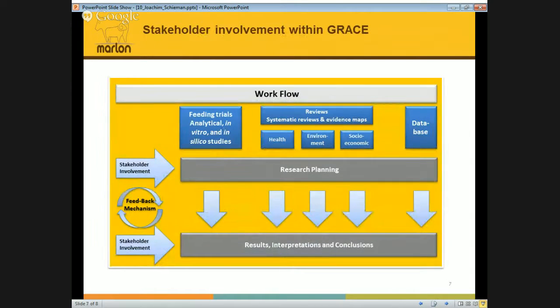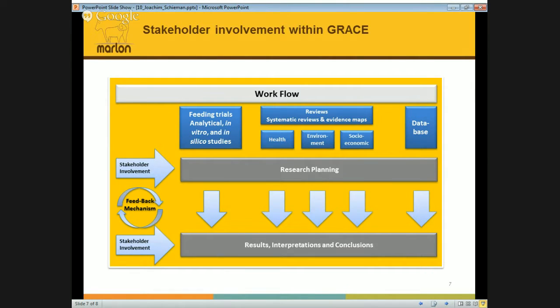What I think is unique with GRACE and will be followed in the same way with GTWIS is a very broad involvement of stakeholders. Stakeholders have been involved already in the planning phase. So we have been discussing, for example, all the study plans together with the stakeholders, and we made several changes in the study plans.